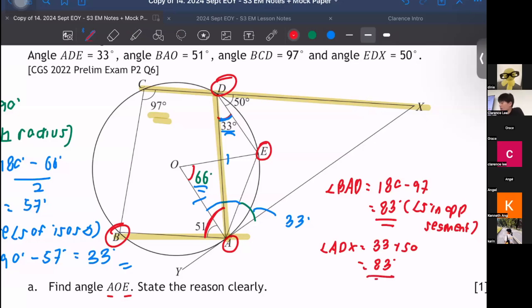So these two angles are now the same, and these are what we call alternate angles. And when can we use alternate angles? When there is a pair of parallel lines. So therefore, alternate angles, so BA must be parallel to CX. As long as you state alternate angles, you will get the mark. You don't need to write so long in English.